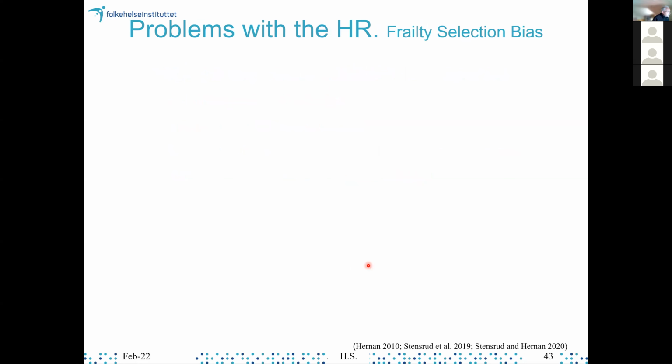Now, my last subject here will be problems with the hazard ratios. And this is sort of a sad but fascinating subject. It's also called frailty selection bias.